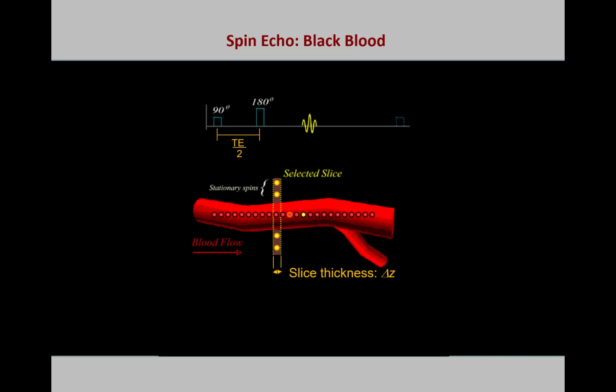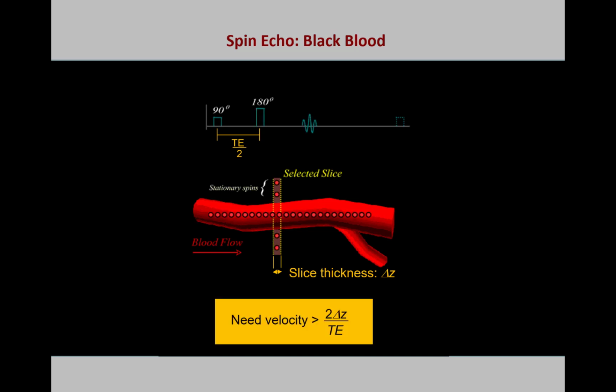So if we have a certain slice thickness, delta Z, that could be 2 millimeters, 4 millimeters, whatever, the speed of the blood needs to be such that it covers that distance, delta Z, in a time TE over 2 or faster, which means we have a minimum velocity that we need the blood to exceed for a given TE and a given slice thickness.